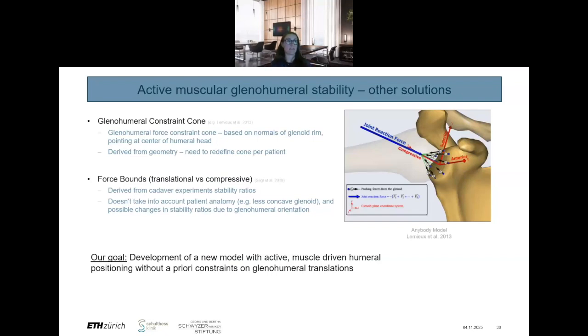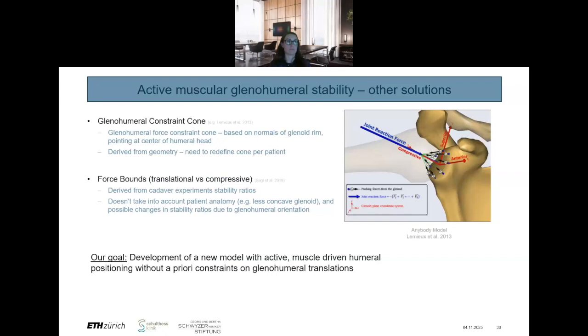Or maybe just having some sort of bound on the actual acceleration of the humeral head center. So if it suddenly starts moving a lot, then it's subluxing. And then you could say, okay, if I know the subject is healthy and I want to model the healthy recruitment, then have that as an additional constraint in the simulation, right?